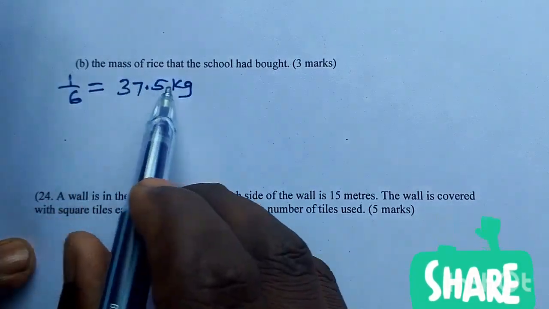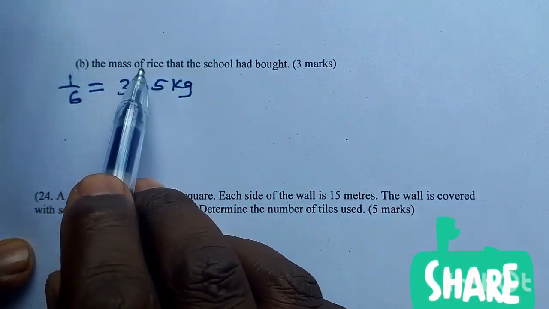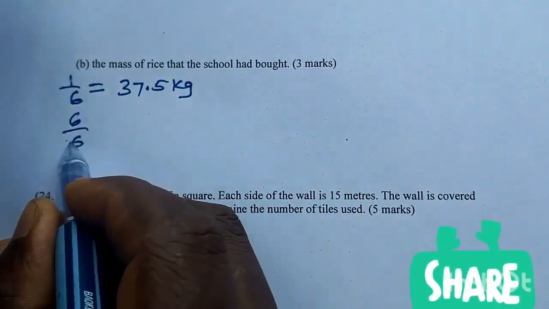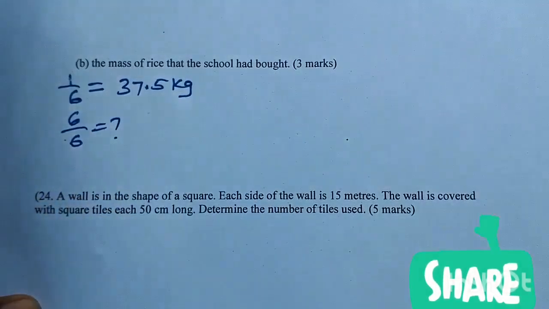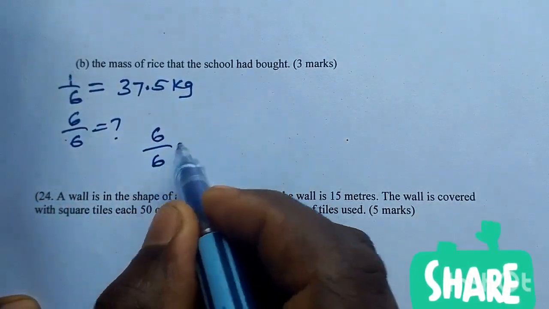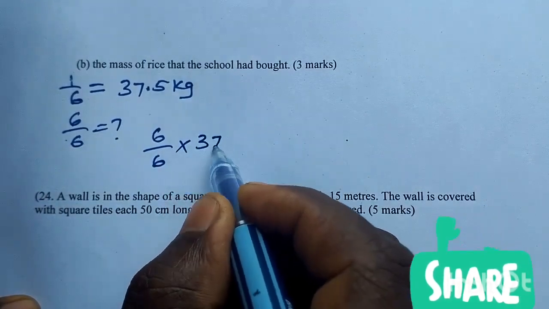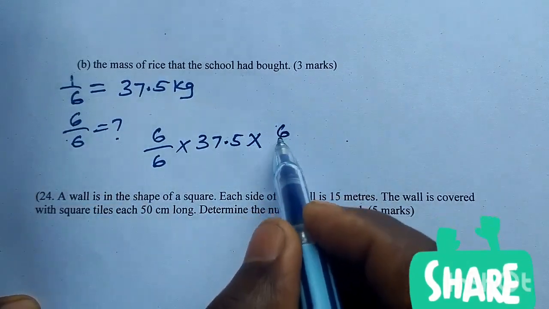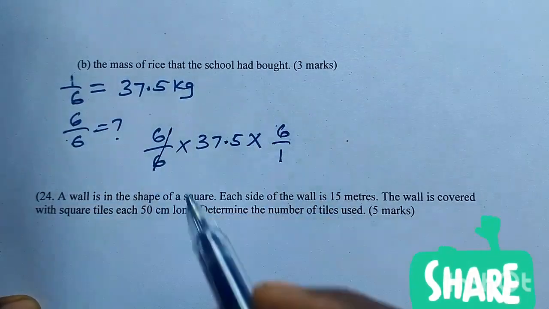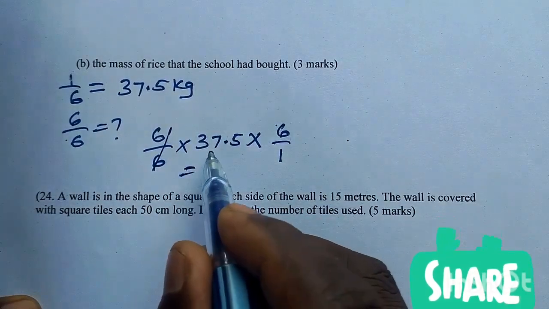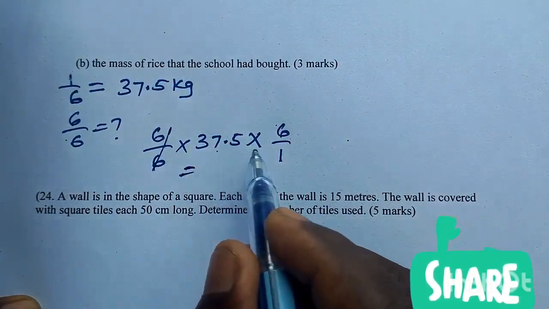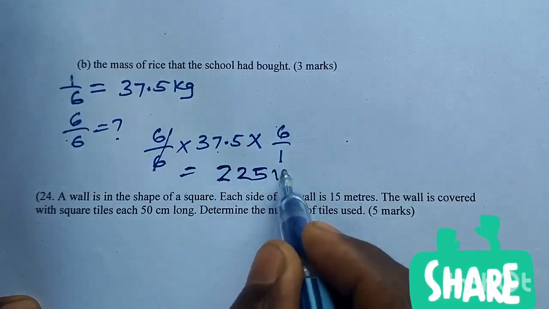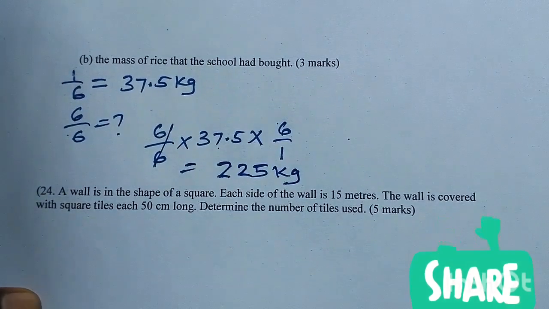So what was the total mass of the rice that the school had bought? We would ask 6/6 would be what? 6/6 times 37.5 times the reciprocal, 6/1. This is 1. So that is 7.5 times 6. The answer is 20.25 kilograms.